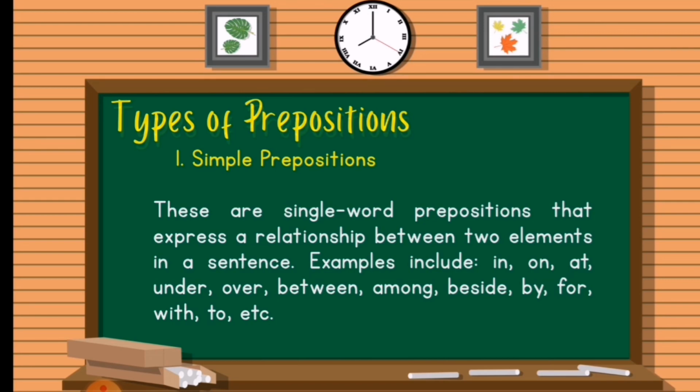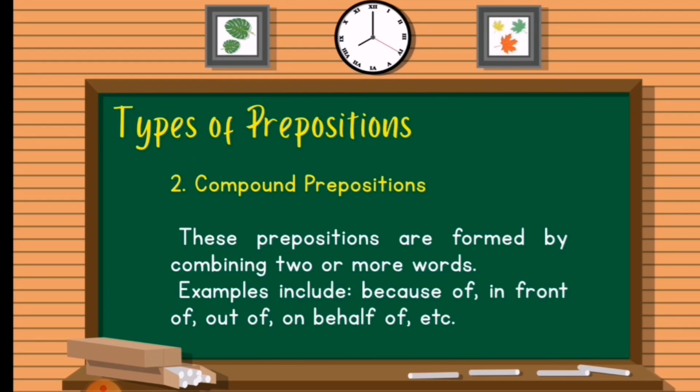The next type of preposition is the compound preposition. So these prepositions are formed by combining two or more words. So unlike the simple preposition that is only a single word preposition, compound preposition is formed by combining two or more words.